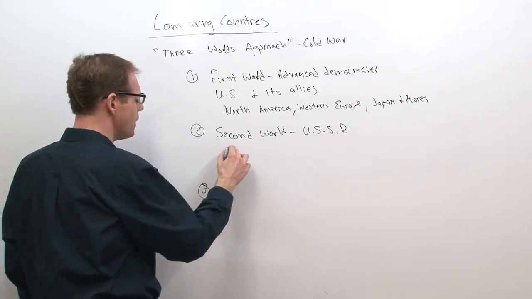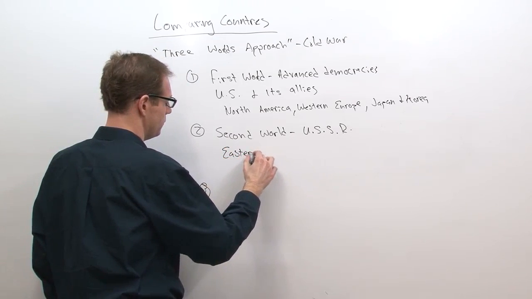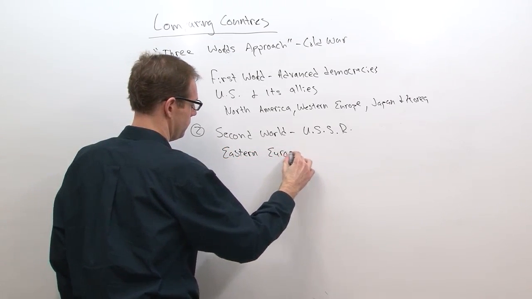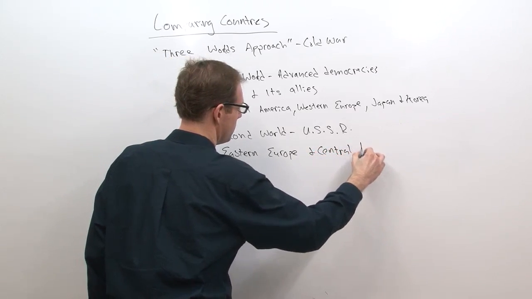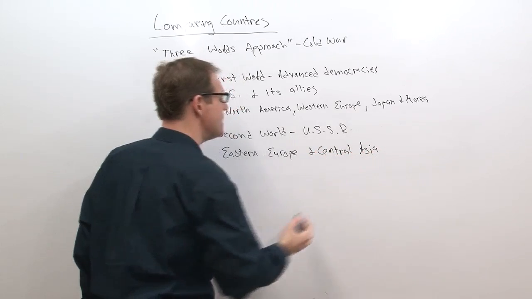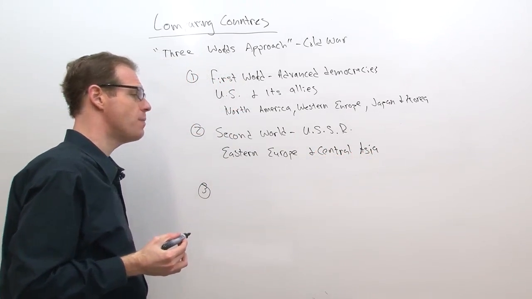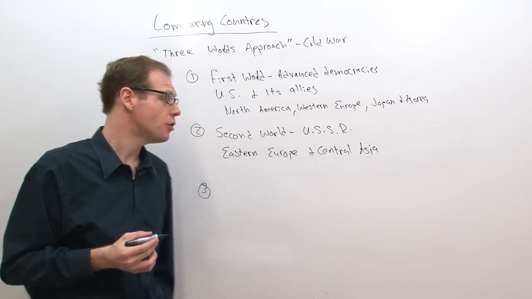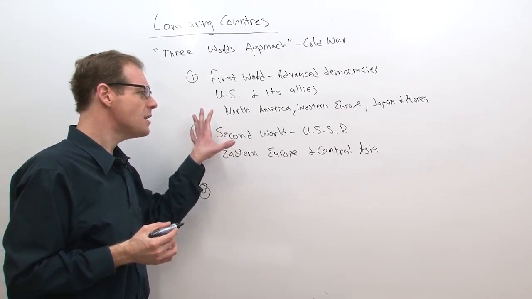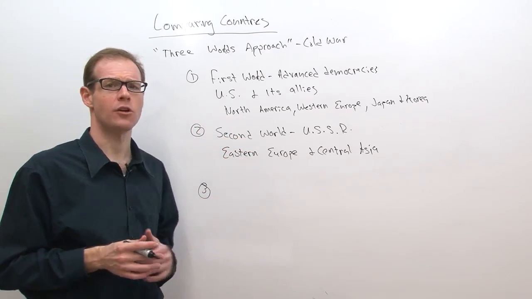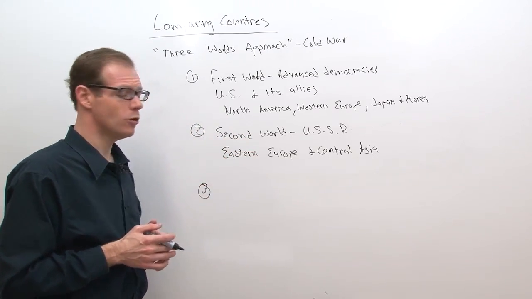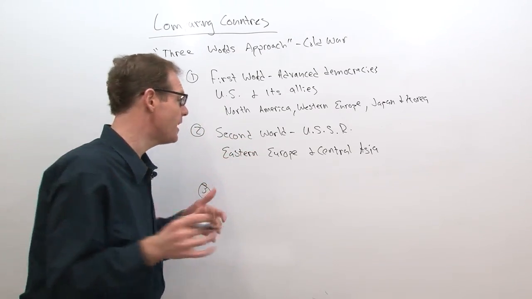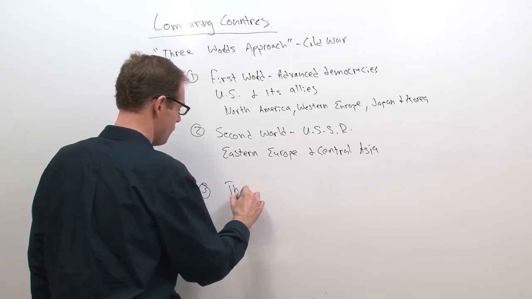They were largely located in Eastern Europe and Central Asia. The Stan states, Kazakhstan, Turkmenistan, Uzbekistan, Kyrgyzstan, these countries on the whole had a lower standard of living than first world countries, on the whole. So these are the second world countries, and here's the word that gets bandied about a lot nowadays, the third world.